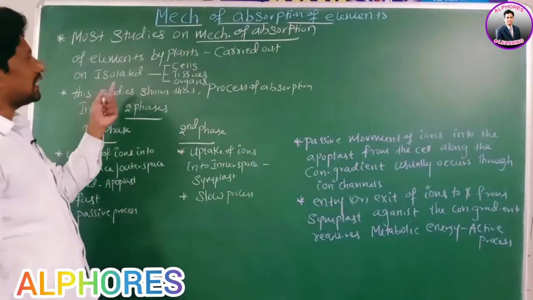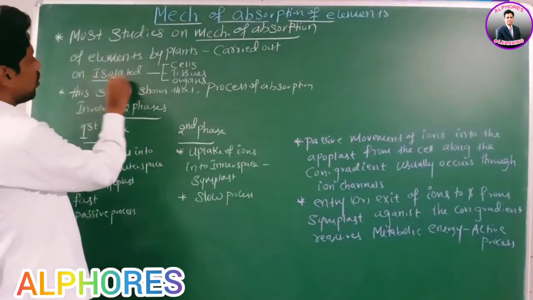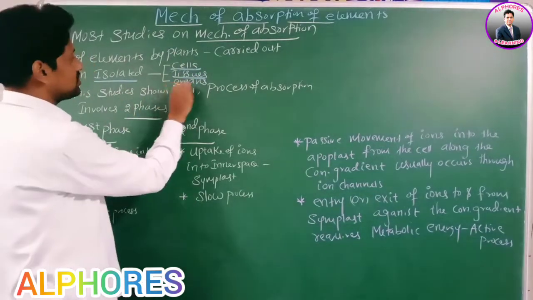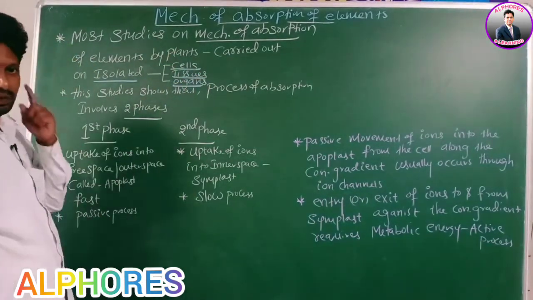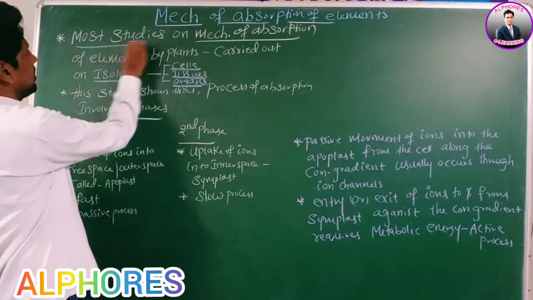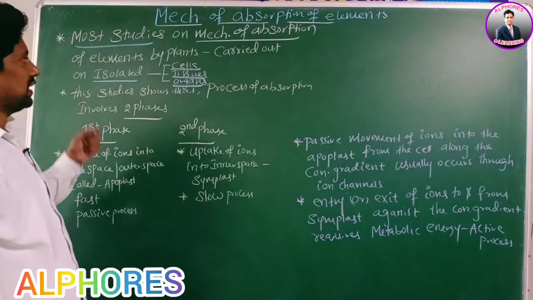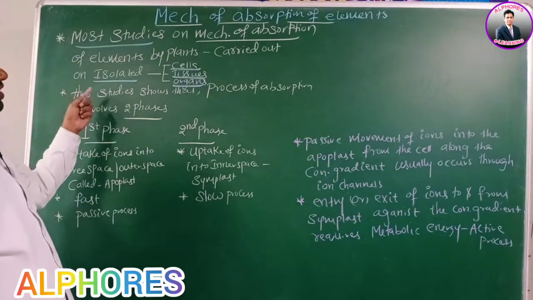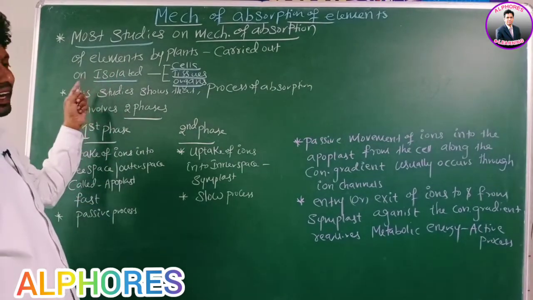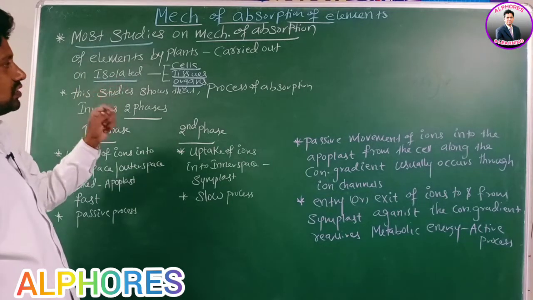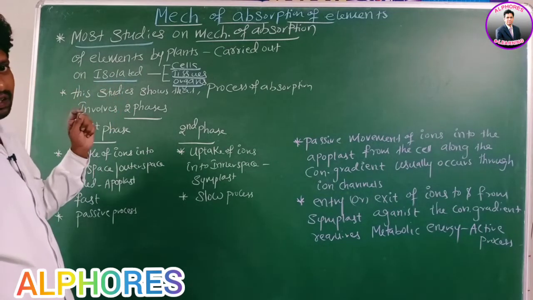are carried out on isolated cells, isolated tissues, isolated organs. Most of the studies on the mechanism of absorption of elements by plants are carried out on isolated cells, isolated tissues and isolated organs.